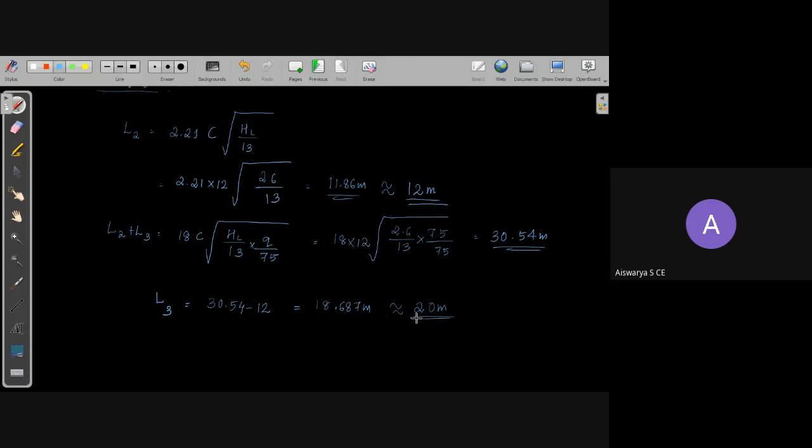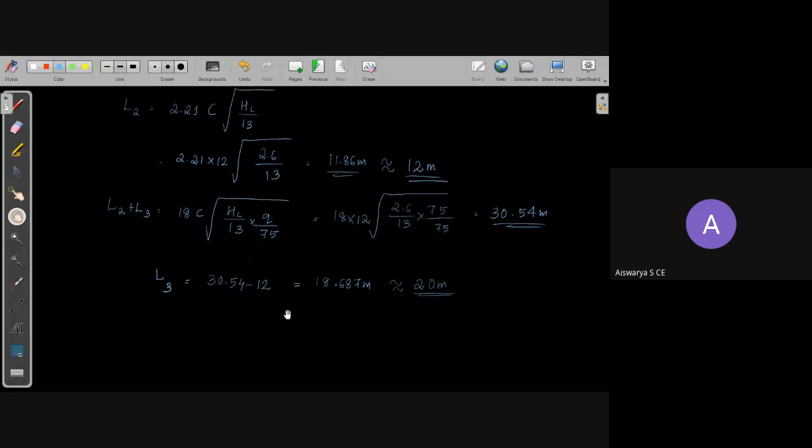So that is more convenient. Round off according to what is convenient at that portion. So I'm rounding off to 20 meter.